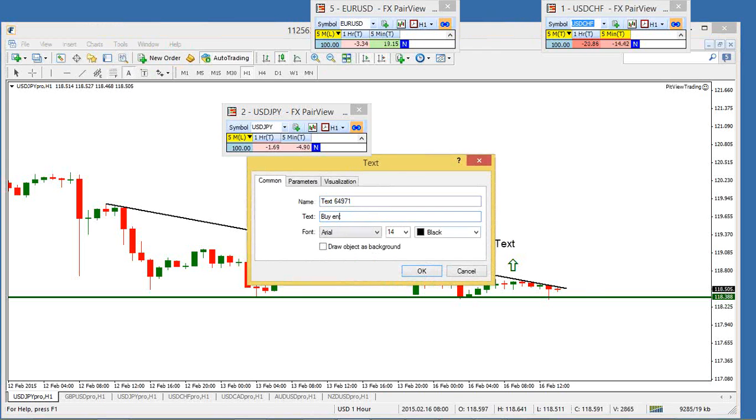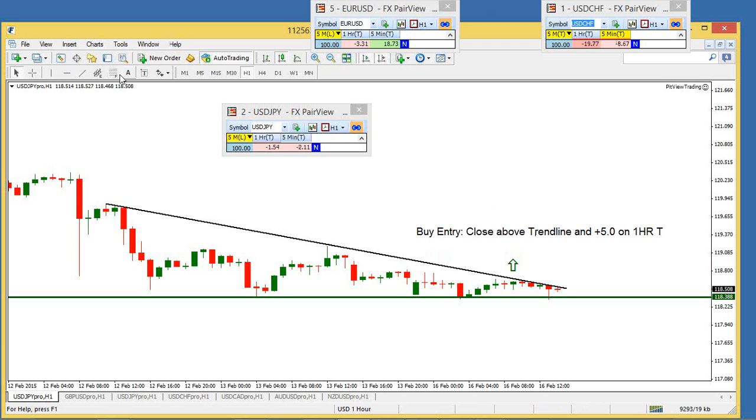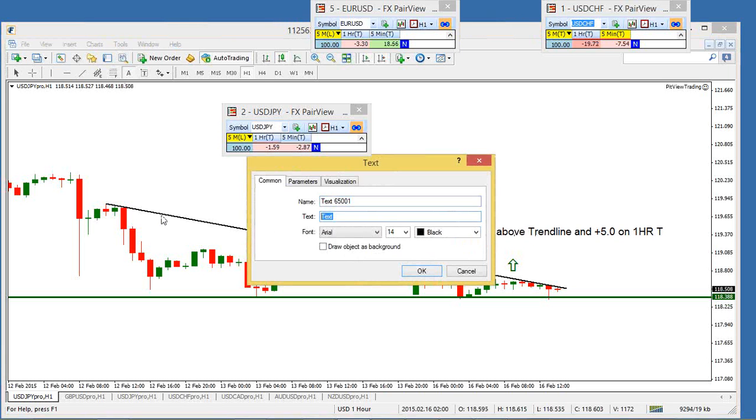So our buy entry will be a close above trend line, +5 on the 1 hour totals. Or you can also use +20 on the 5-minute totals.